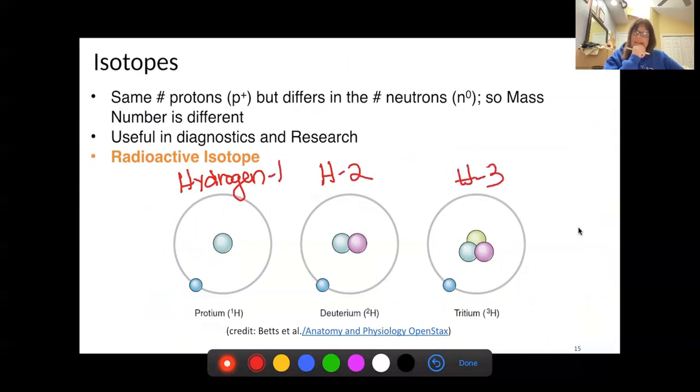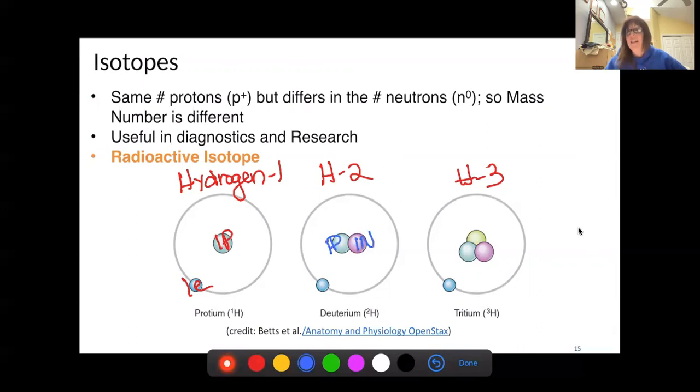But hydrogen's special, and so we actually gave each one of those isotopes a specific name. So we usually just call protium hydrogen. That's just normal hydrogen. It has 1 proton, 1 electron. And then we have deuterium, and deuterium has 1 proton and 1 neutron.